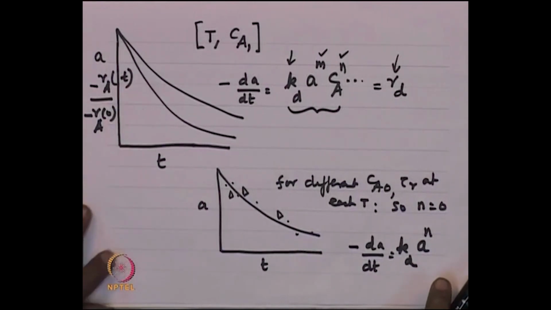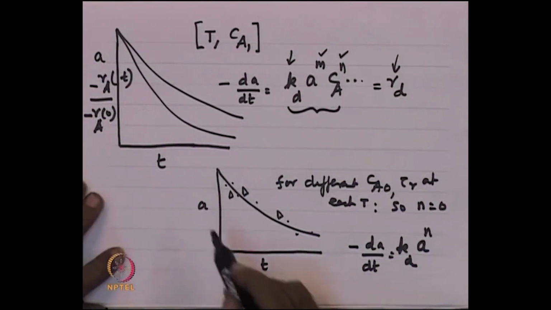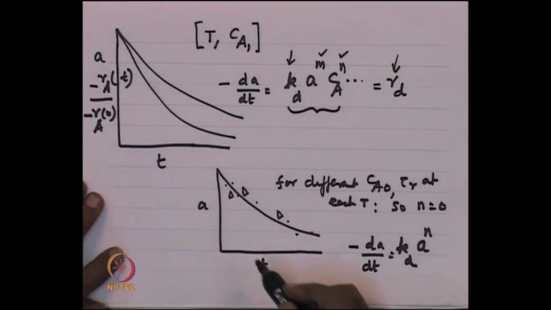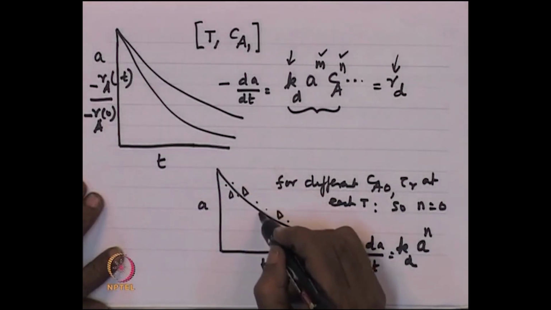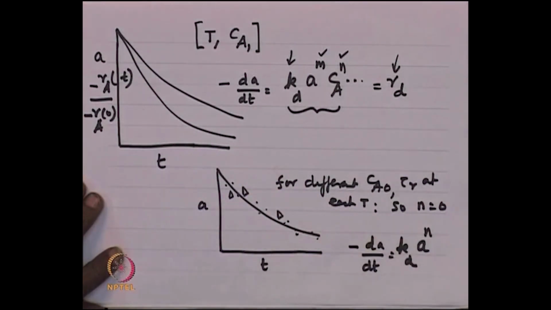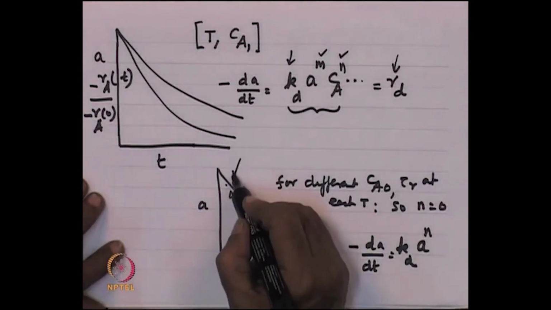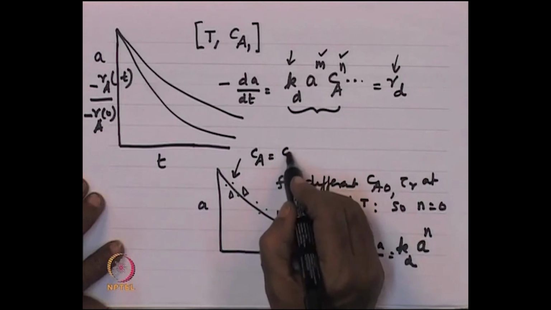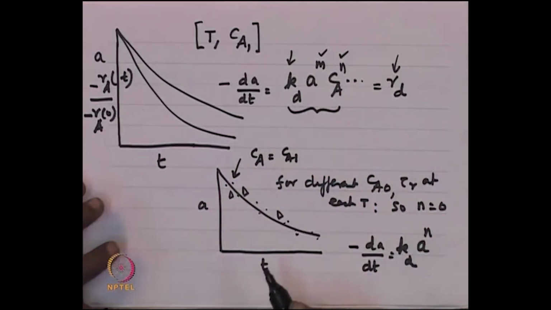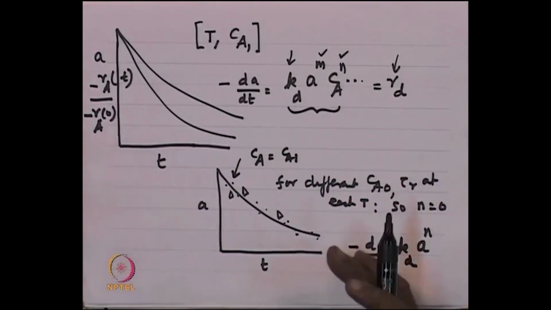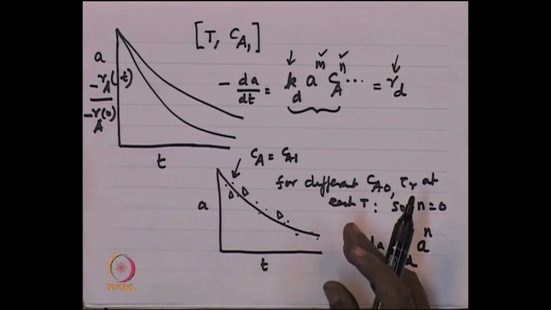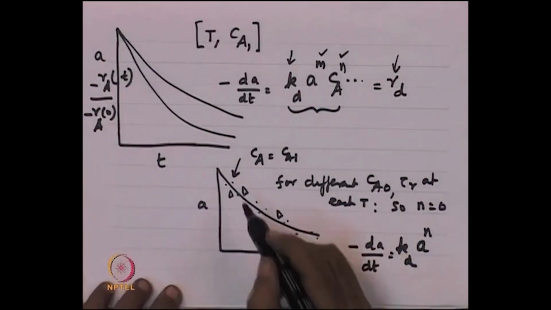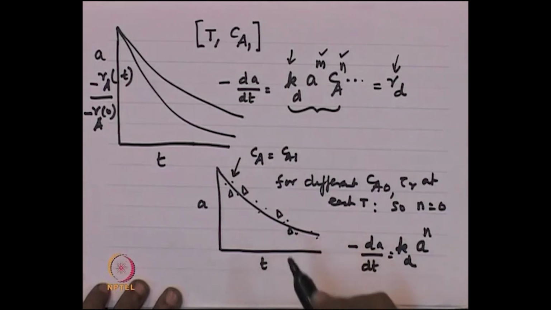Now, suppose we find that when we make a plot of A versus time, we get a curve like this, with points like this. Let us say this corresponds to an experiment with C_A equal to some C_A1. Now, we repeat this for another set of experiments in which we put C_A equal to C_A2, and we get, let us say, all these triangles.